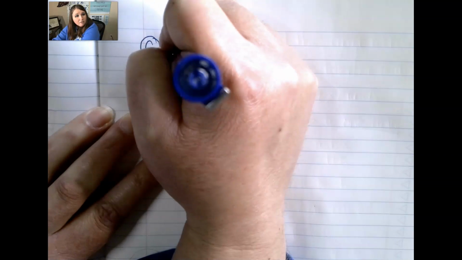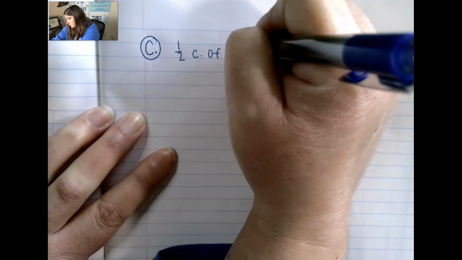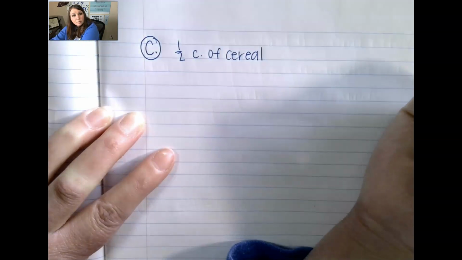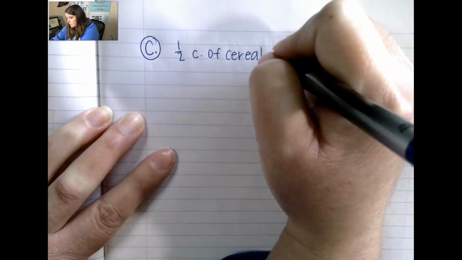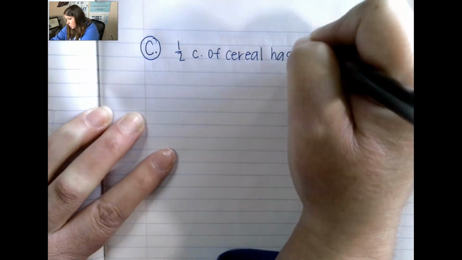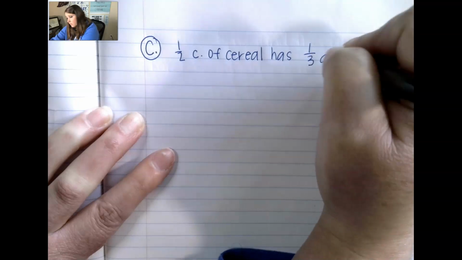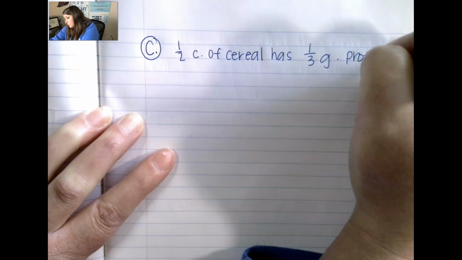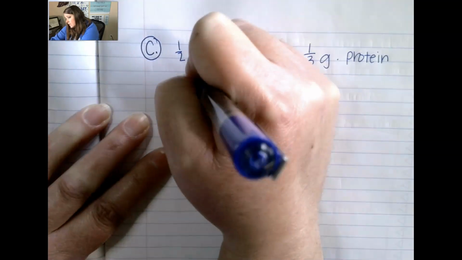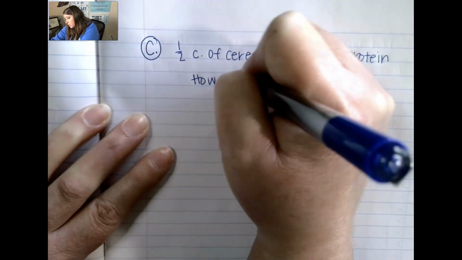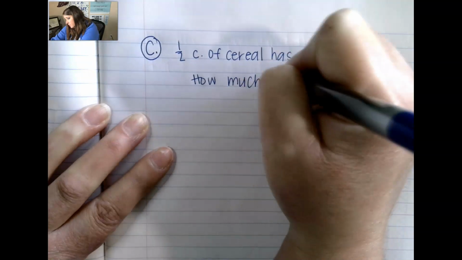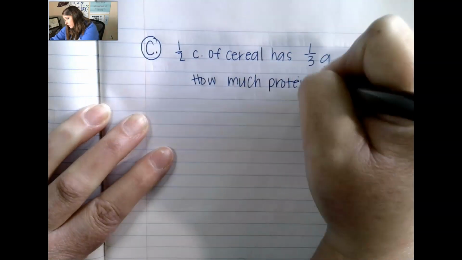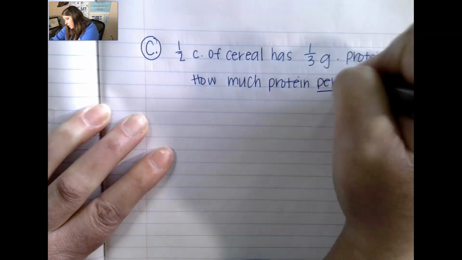So we have half cup of cereal. So half a cup of cereal has 1/3 grams of protein. And it's asking us how much protein per cup.